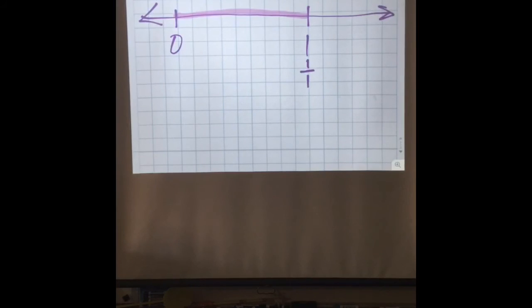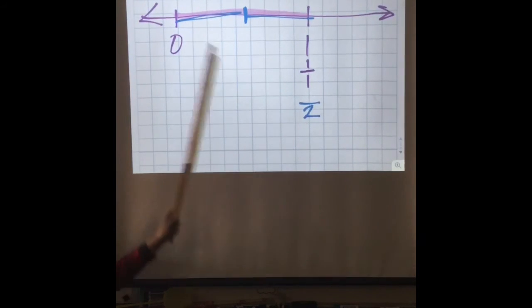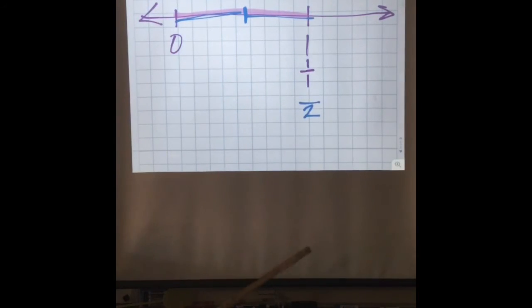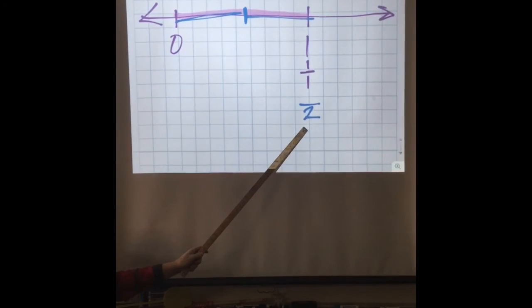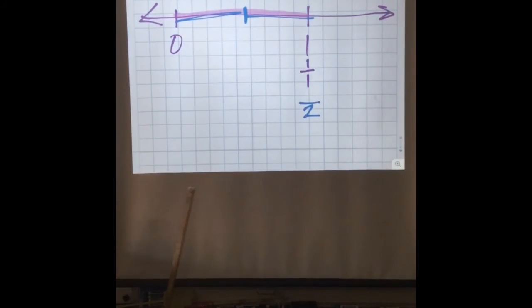What if I cut this up into right here? Now what do I have? 2. I have 2 pieces, right? So my bottom number is going to be 2. And when I go all the way over here, I have how many of those pieces? 2.